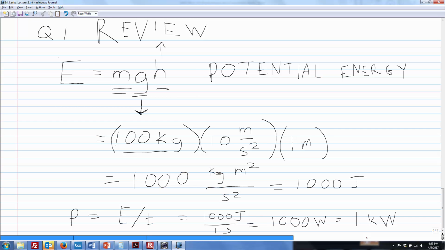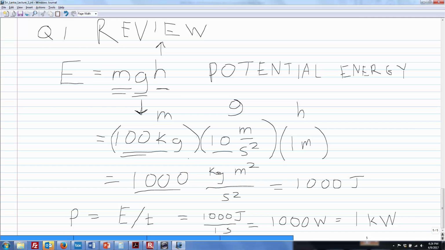We multiply that by 1 meter. This is our mass, this is our gravity, and this is our height. We multiply them together. 100 times 10 is 1,000.